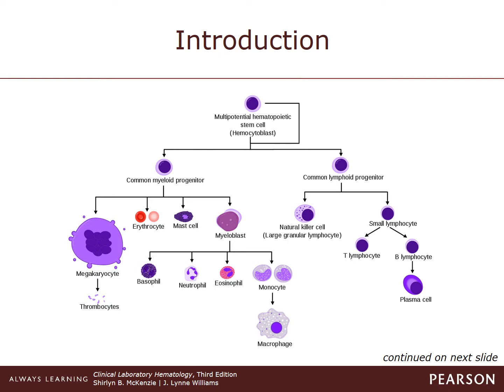This is done by multiplying the total white cell count by the decimal percent of each individual cell line. Specific cell markers are used to identify each of the cells, and they're very specific in identification of the maturation and stage of cell activation.